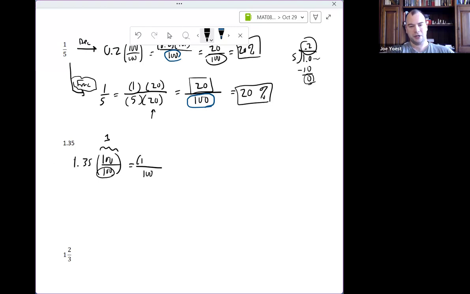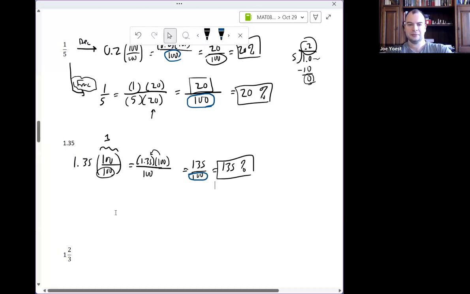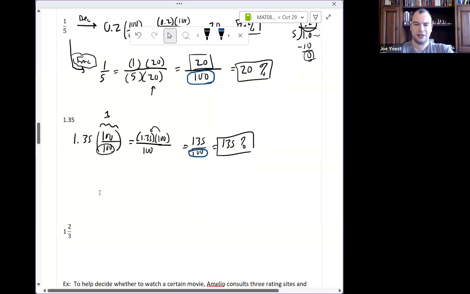And in my numerator, I have 1.35 times 100. If I multiply a decimal by 100, that just moves the decimal point 2 places to the right. This bit here becomes the percent. And I get 135%. Any questions so far?